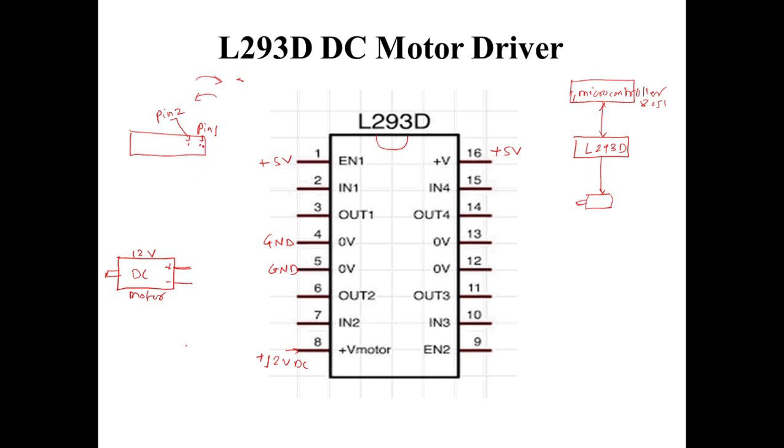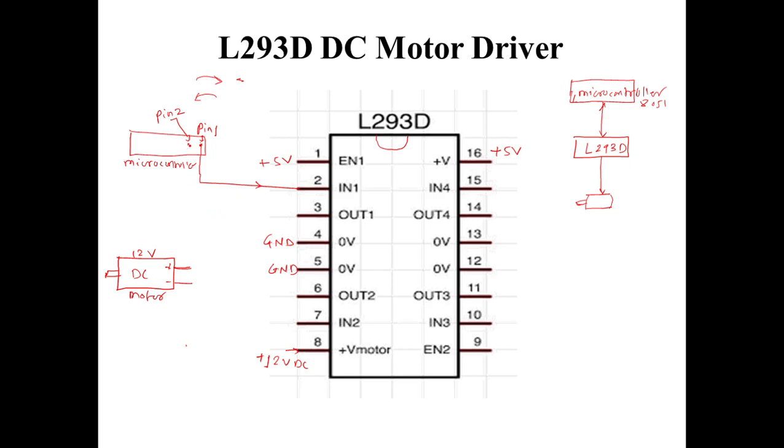So what I am going to do is, from pin number 1, the output of the microcontroller, supply will come over here. Pin number 1 of the microcontroller will be connected to pin number 2 of the L293D.